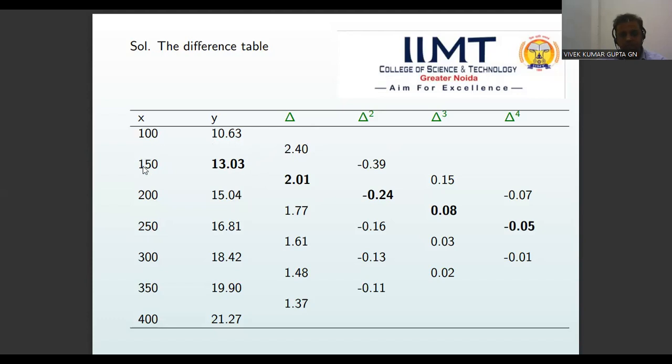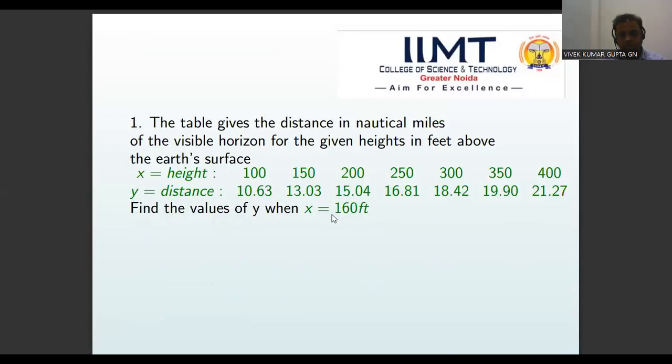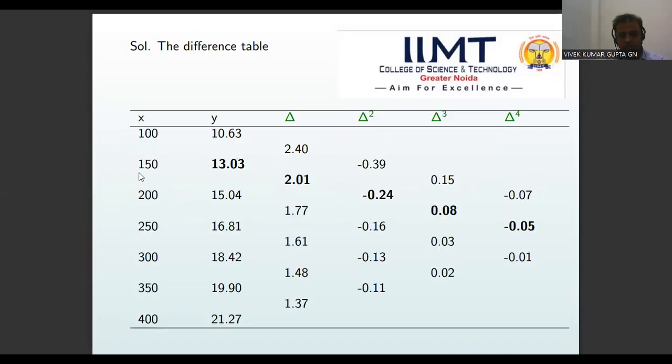But in this case, we have to find x equal to 160. So we can take 150 as x0, the initial point. If x0 is equal to 150, then y0 is 13.03, and then respectively we can name all the values.